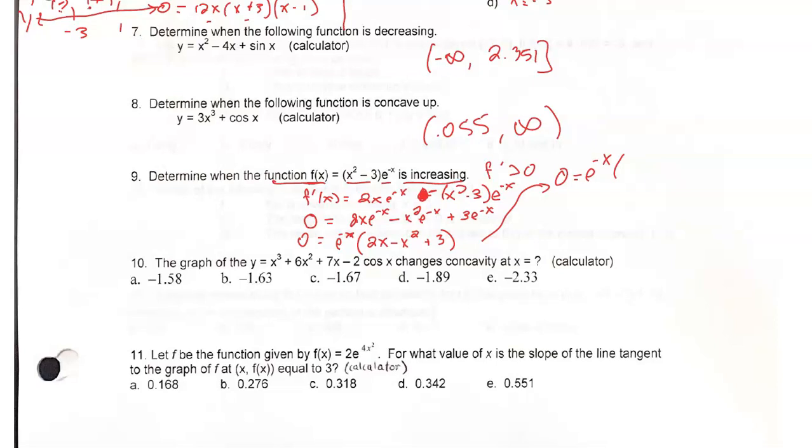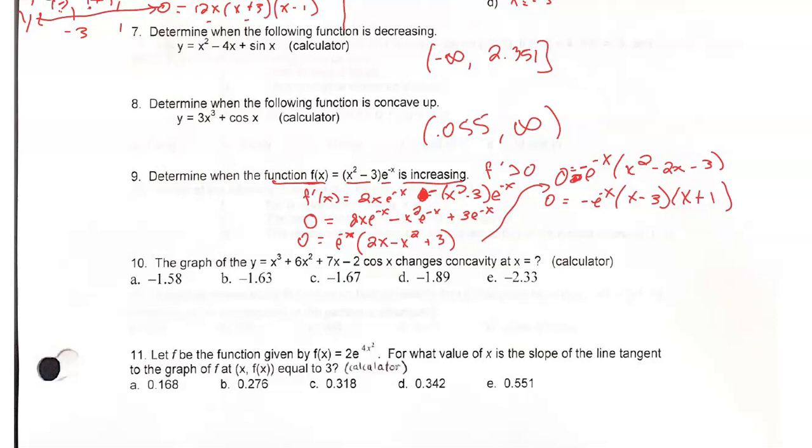So at the same time, let's make this e a negative. So we're going to pull out the negative so that we have a positive x squared, a negative 2x, and a negative 3. So finally, we have a negative e to the negative x, and then x minus 3, x plus 1. That's our factored version.